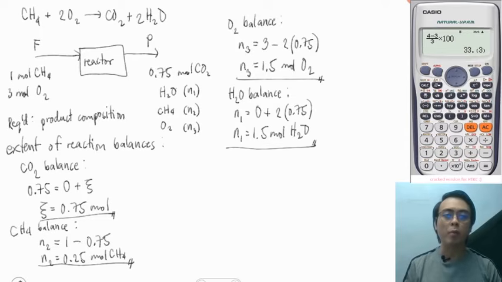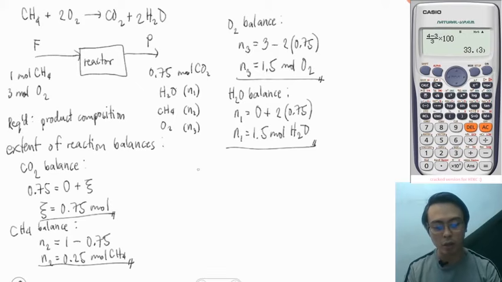In this problem, we had 4 components: CH4, O2, CO2, H2O. We were also able to perform 4 balances, one for each component. And with that, we were able to complete the composition of P. So in your product stream, we have the following components with their corresponding number of moles. For CO2, that is already given, 0.75.